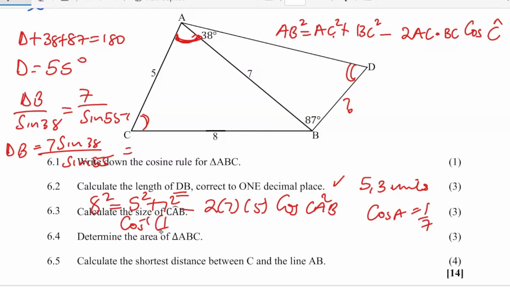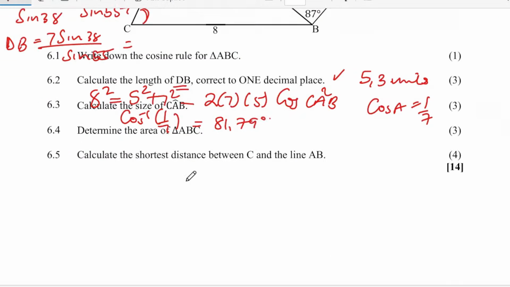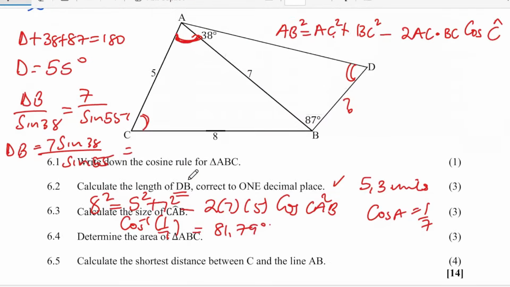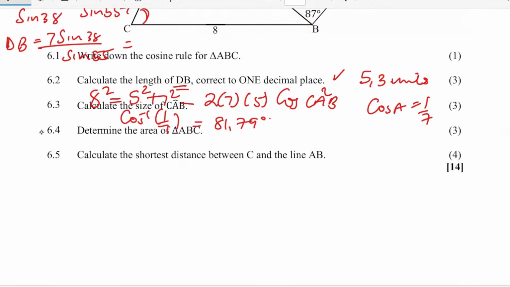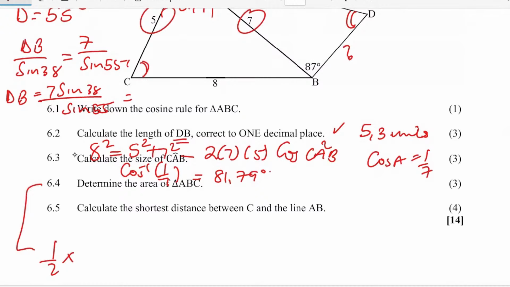So the arc cos of 1/7 is 81.79. Then determine the area of ABC. Now, since we have this angle as 81.79, then we're going to use these two sides using the area rule. So it's a half multiplied by the AC multiplied by the AB, and then the sine of A.